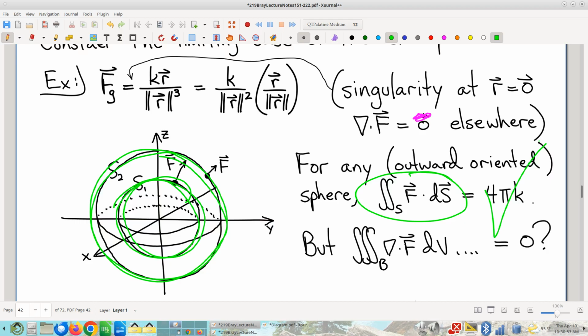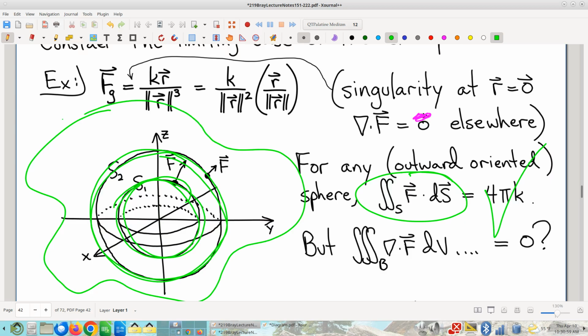All right. By the way, this result is also true for many other surfaces, even ones that aren't spheres. It's harder to do the calculation. But also true, basically for any surface that surrounds the origin, you will get the same answer. Harder to show, right? But anyway, side note.